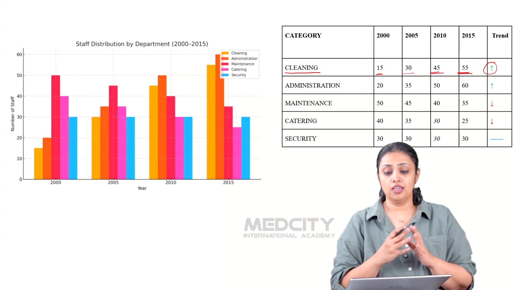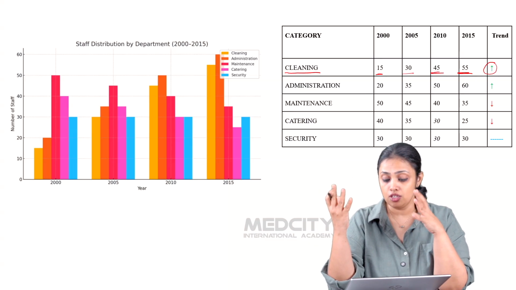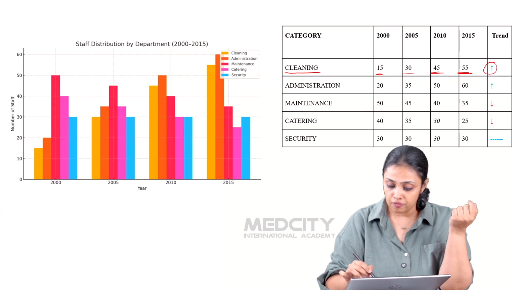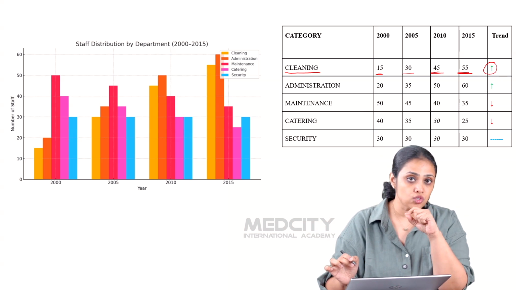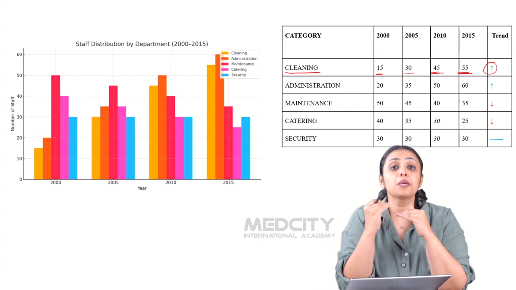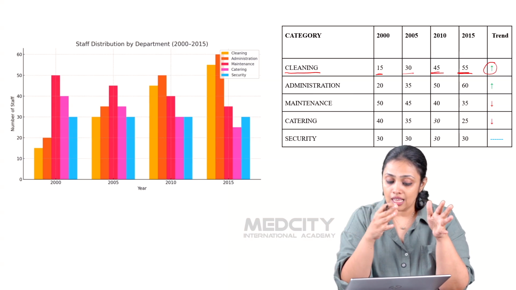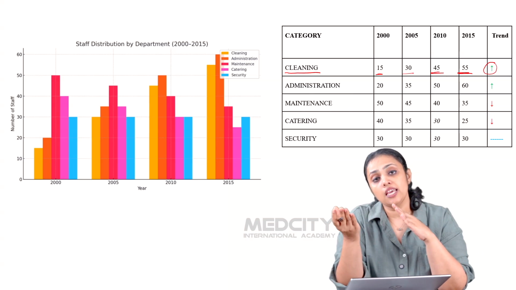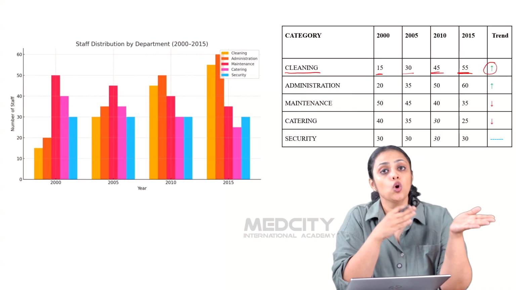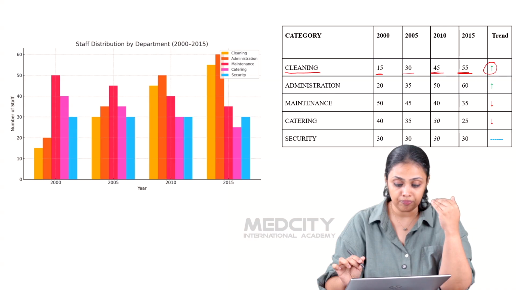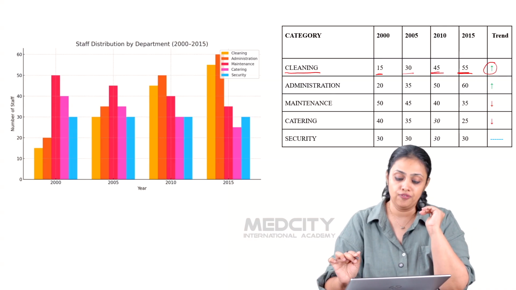Can I say it was a sharp increase, a huge jump, a leap from 15 to 55 at one stretch? No, it was a gradual step-by-step increase over these 15 years. So there has been a steady, incremental increase in the number of cleaning staff, starting from 15 up to 55.